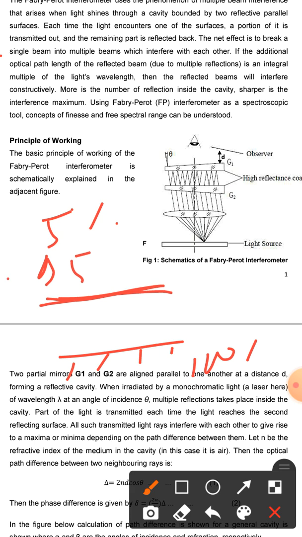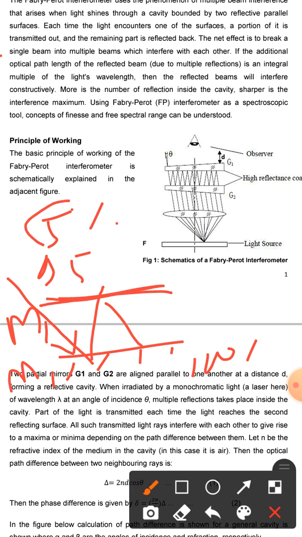So when the light beam comes from any angle, it is reflected by mirror M1 and mirror M2. Here it is also reflected, but partially it is transmitted, again reflected and partially transmitted again and again.